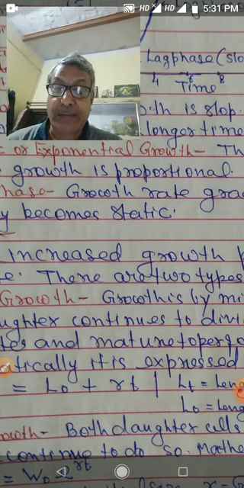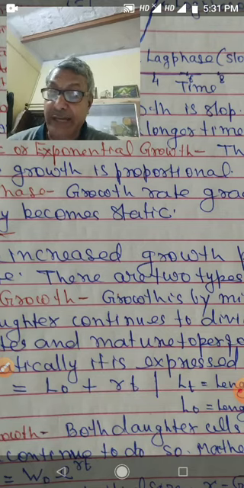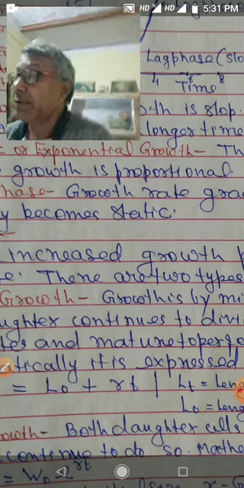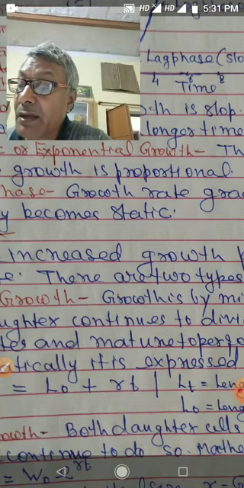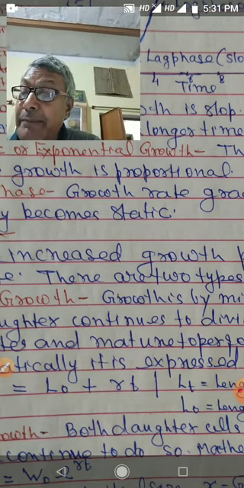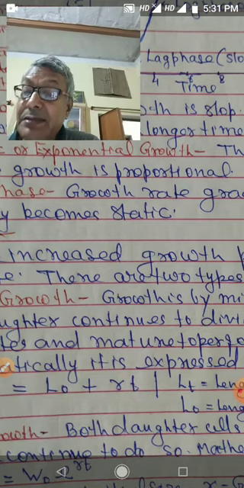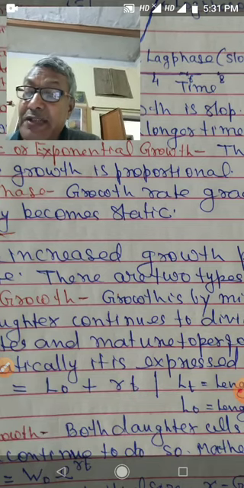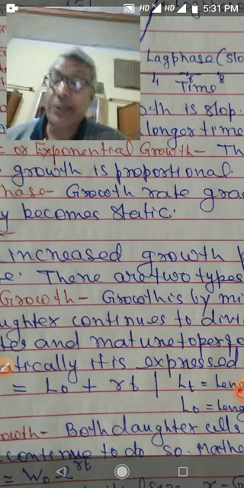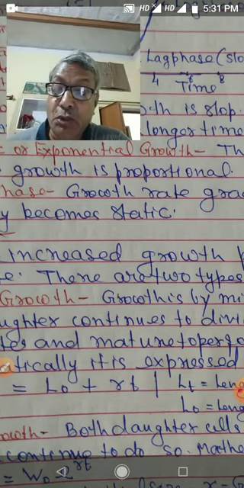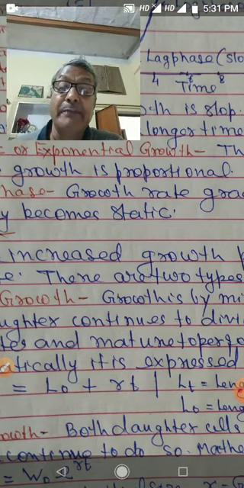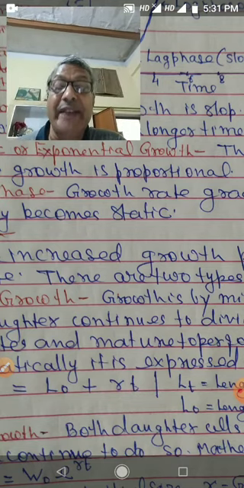There are two types of growth. One is arithmetic growth and the other is geometric growth. In arithmetic growth, the growth is by mitotic cell division, and by the mitotic cell division, two daughter cells are produced. From those two daughter cells, only one cell is going to further divide and the other cell differentiates and matures, and is not going to divide.